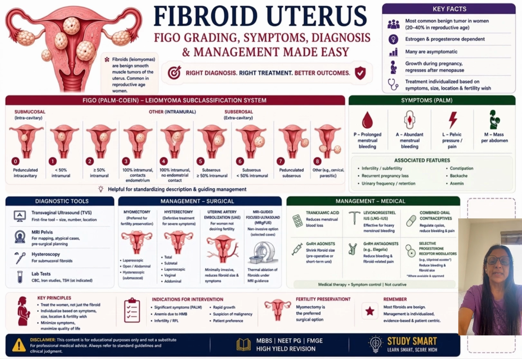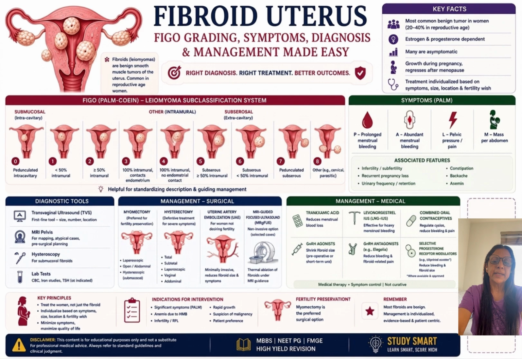Coming to the surgical management, it can be myomectomy, which is hysteroscopic myomectomy for submucous fibroid and laparoscopic myomectomy for intramural and subserous fibroid. For those patients where fertility is no more desired and having severe symptoms not responding to medical line of management, the definitive treatment is hysterectomy, where we remove the uterus.